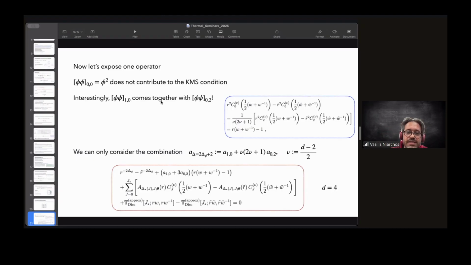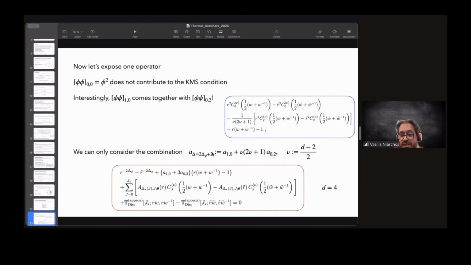It turns out that, although I'm at non-zero spatial separation, this comes together with the spin 2 operator phi 02. This happens because of a peculiar identity that we noticed: when you do the crossing, these two contributions basically become degenerate.